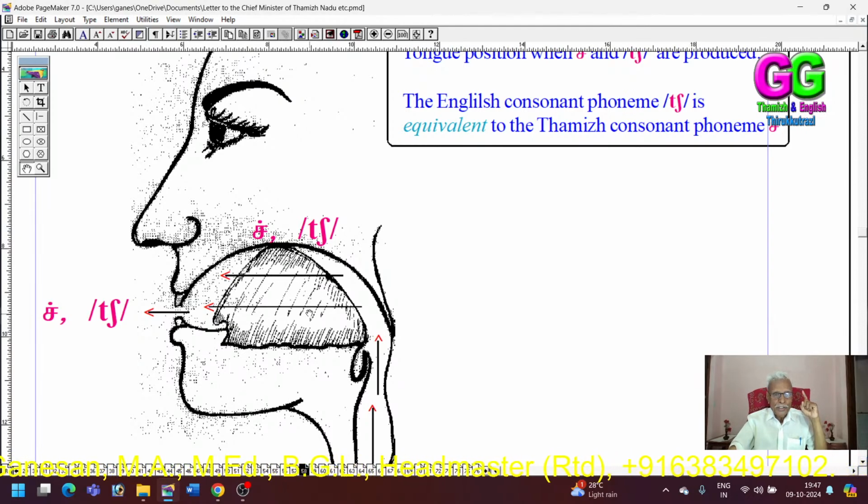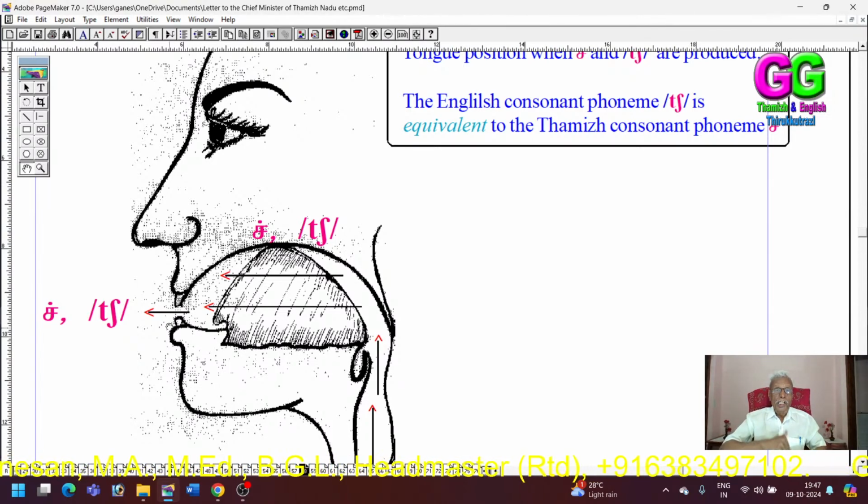This is one side, this is another side of the tongue. The air pushed out by the vocal cords escapes through the two sides of the tongue and comes out through the mouth, producing the phoneme each.